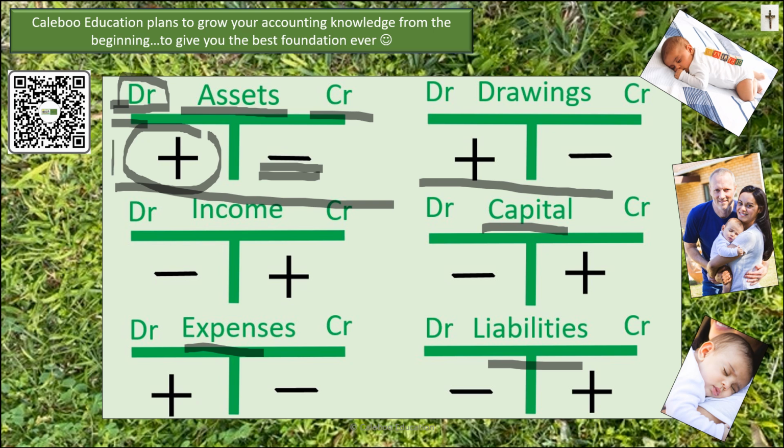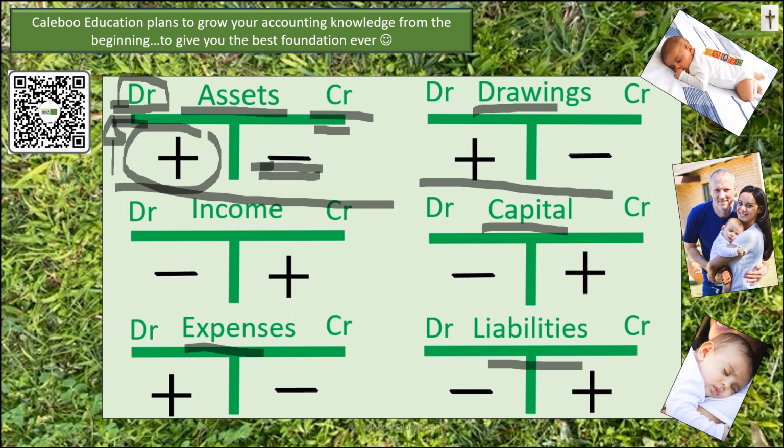I like to use an arrow in my explanations. If there's an increase, that arrow is pointing upwards in the value of an asset, the account is debited. If there's a decrease in the value of an asset, the account will be credited. So my example was, if I sell stock, the value of my stock on hand decreases, there's a decrease in assets, the account is credited.